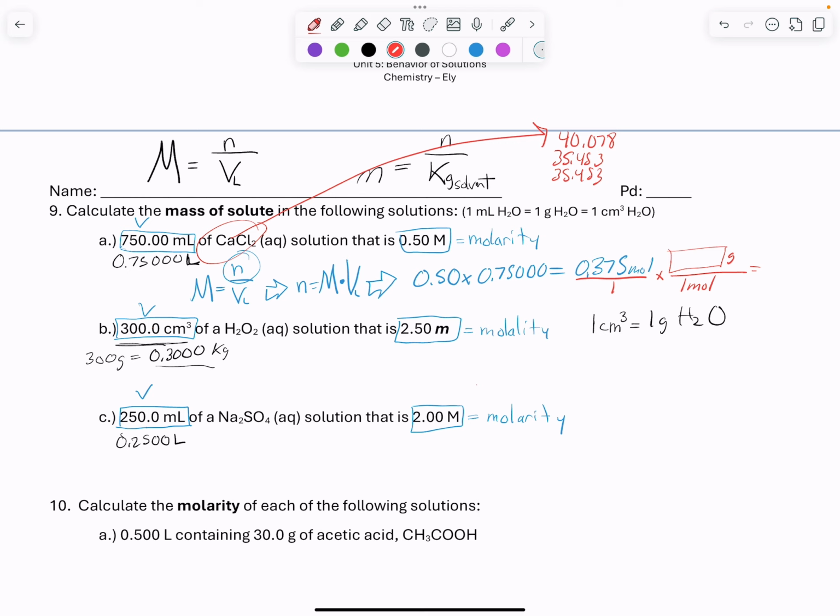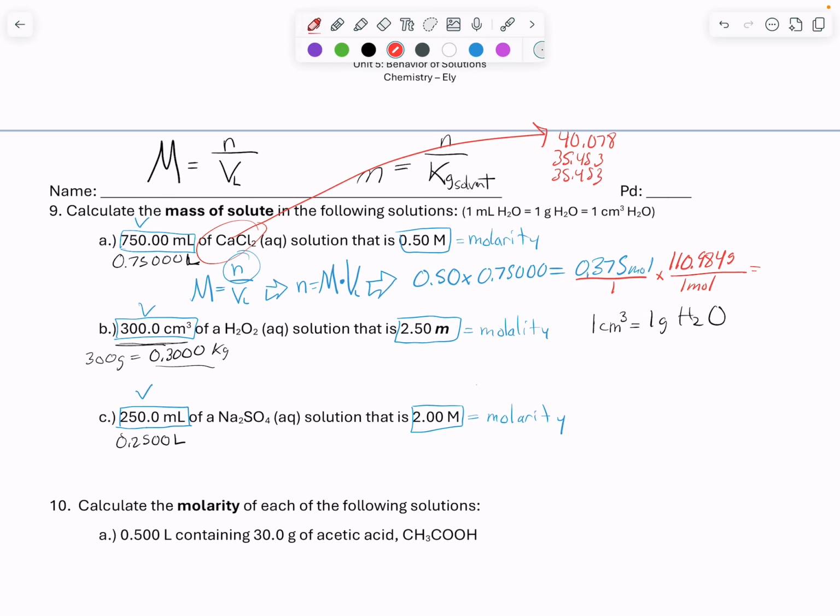We add all those up, and our molar mass is going to be 110.984. Now that we have the molar mass, we can multiply it by the number of moles we were given in letter A.